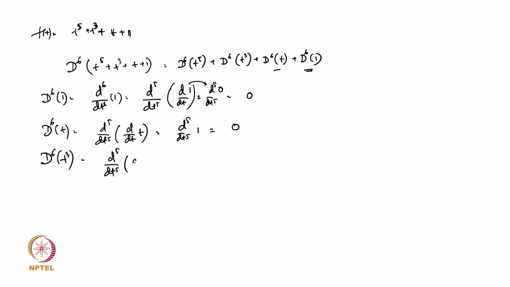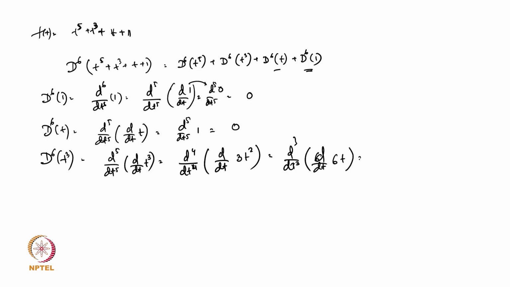This turns to be 3t square. Once we do it again, that becomes 6t, and then that becomes 6. Now d/dt of 6 becomes 0.